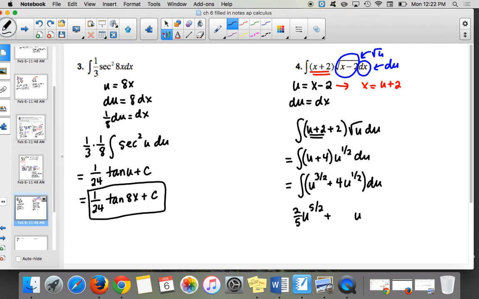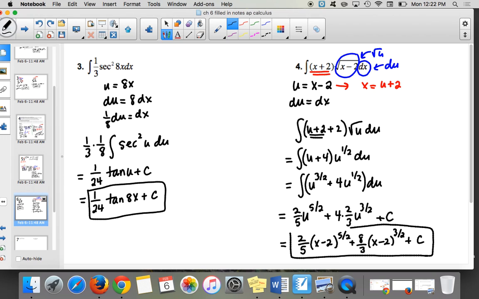Then we're going to have u to the 3/2 with the 2/3 out front and the 4, plus c. So our answer is going to be 2/5 (x minus 2) to the 5/2 plus 8/3 (x minus 2) to the 3/2 plus c. That's our answer.